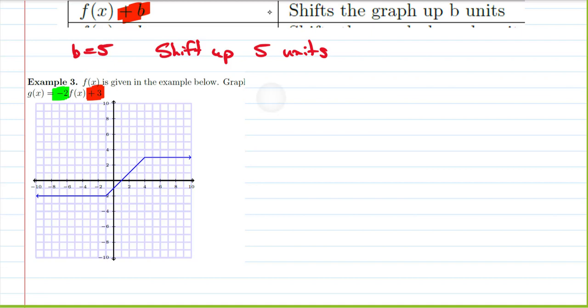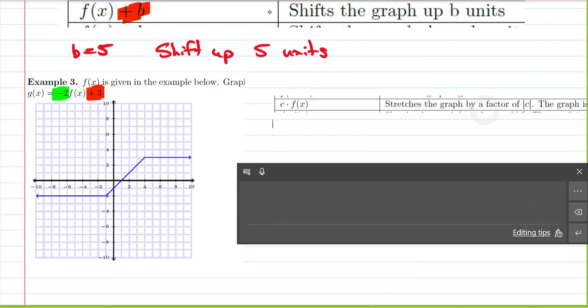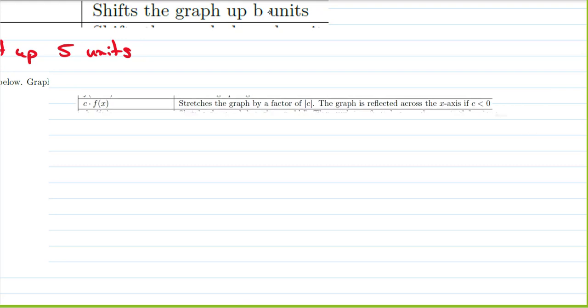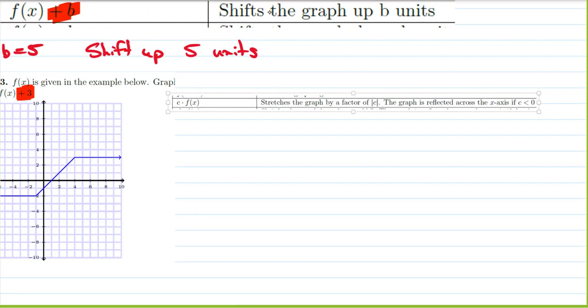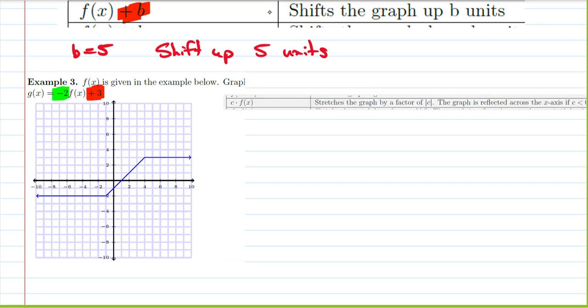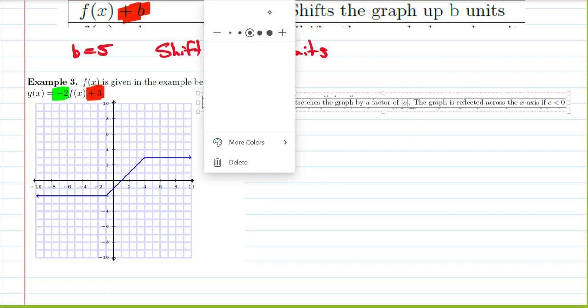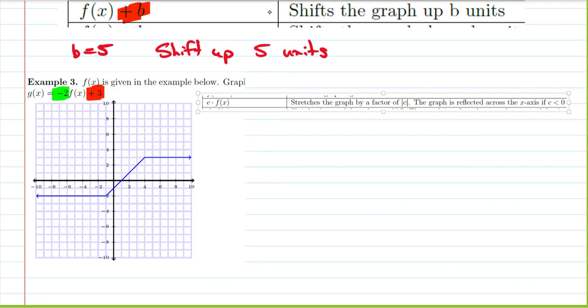So then what's going to happen to our graph is the following. Our C value is going to be negative 2. So then our graph stretches by a factor of the absolute value of C, so it's going to stretch by a factor of 2.